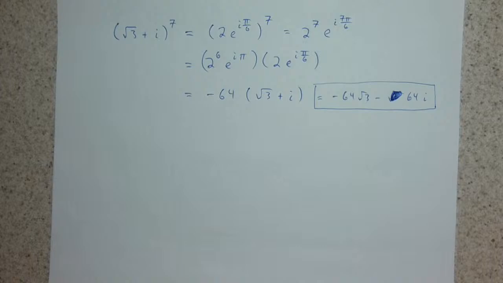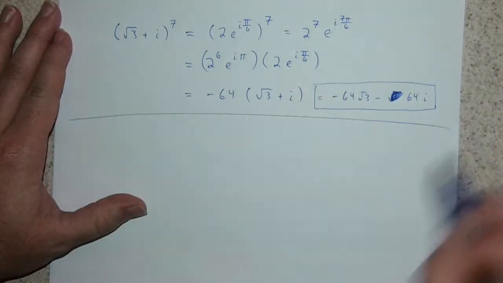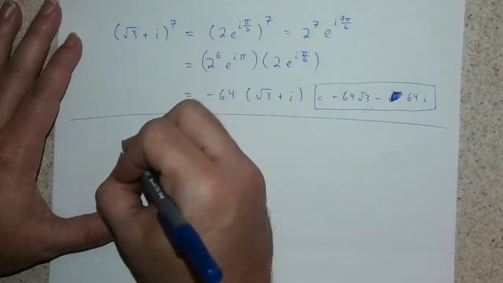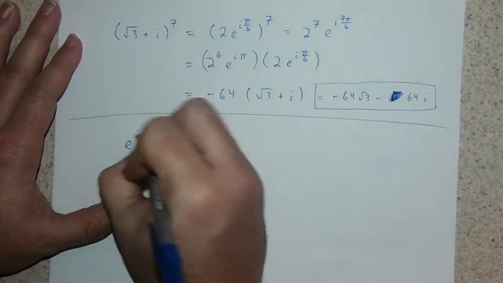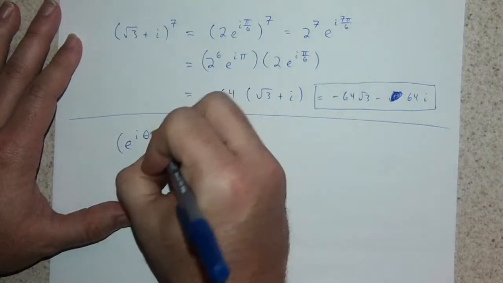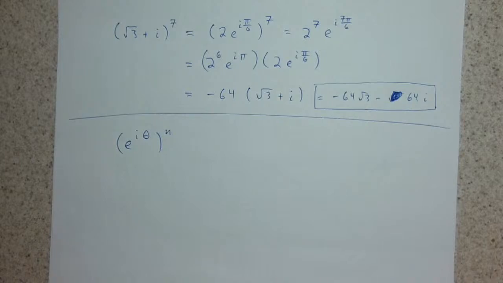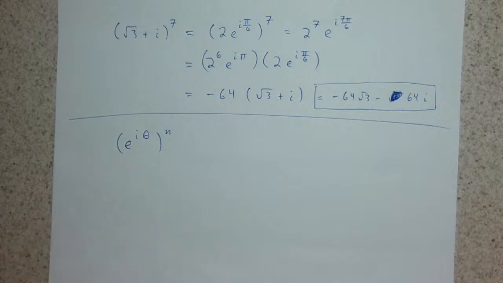Okay. And so if we actually focus on something that we did here, whenever we had this expression, well, just iteratively multiplying e to the i theta by itself n times and using our formula for the product means that I get what?